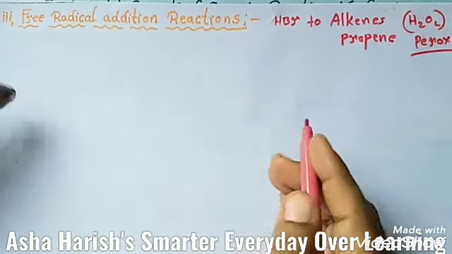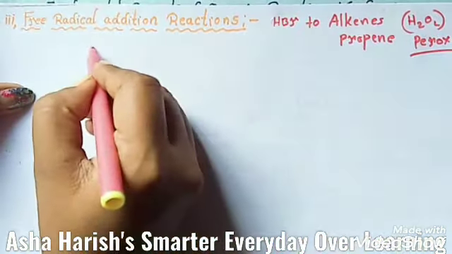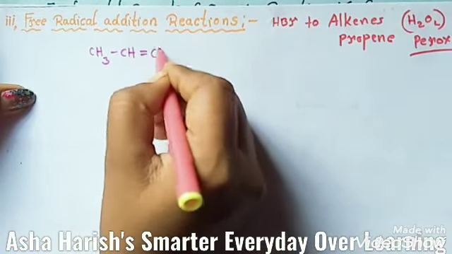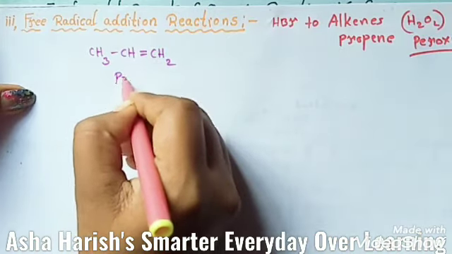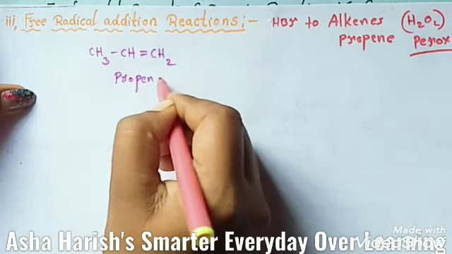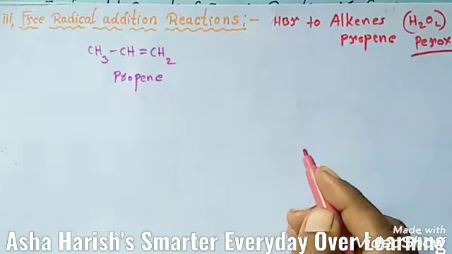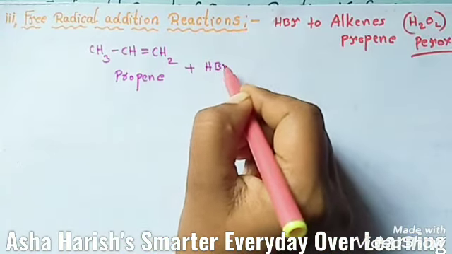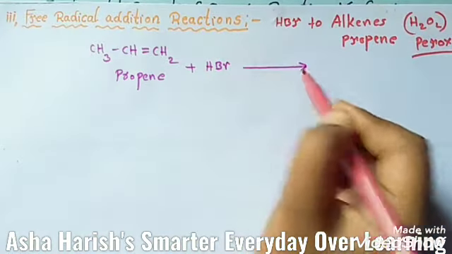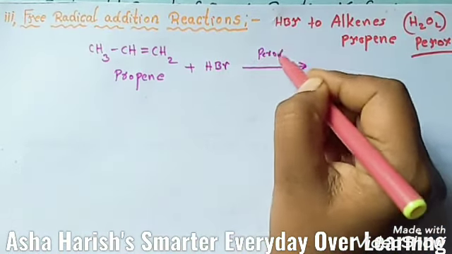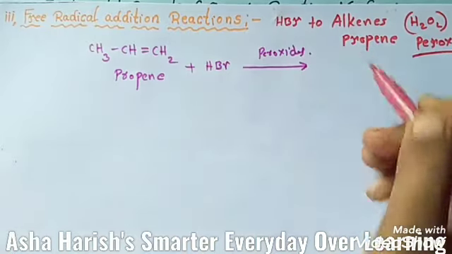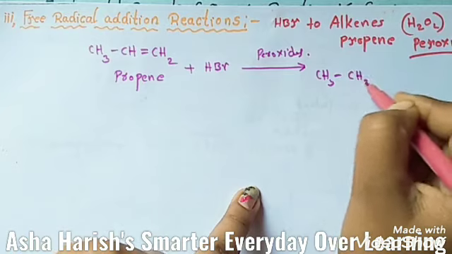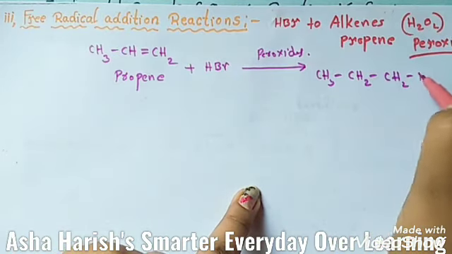First one, propene. Instead of alkene, we have to take propene, CH3 CH double bond CH2. So this is the alkene. The name of this alkene is propene. To this propene, if you add HBr in the presence of peroxides, the formed compound is CH3 CH2 CH2Br.